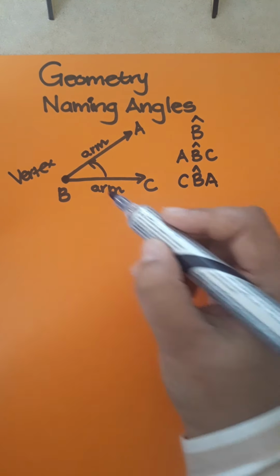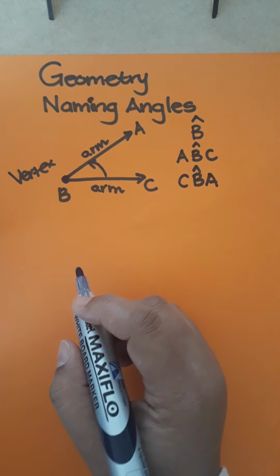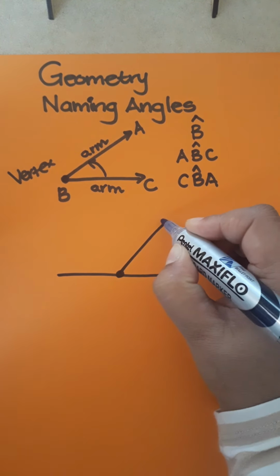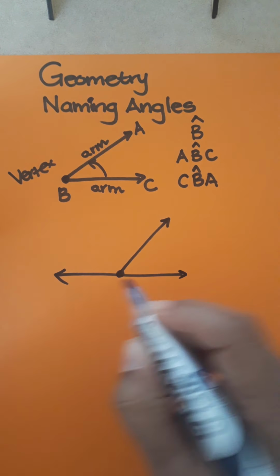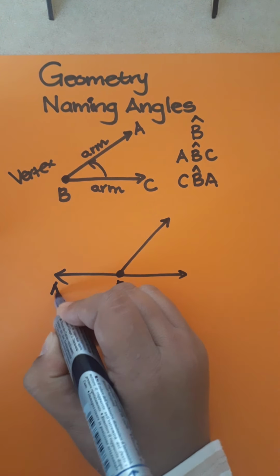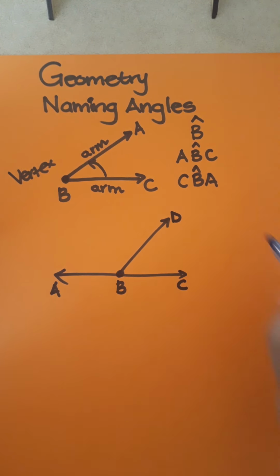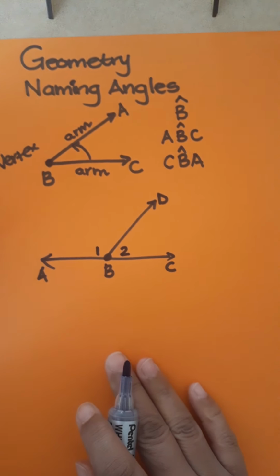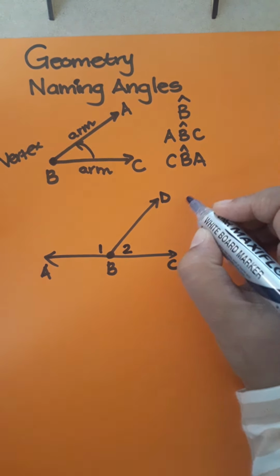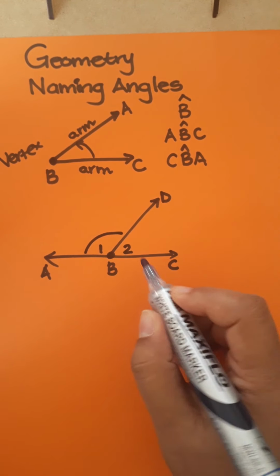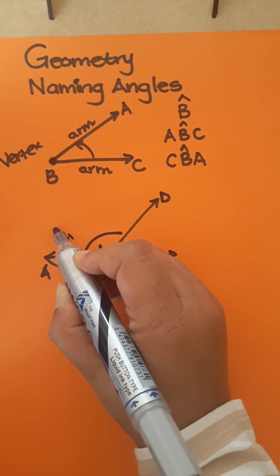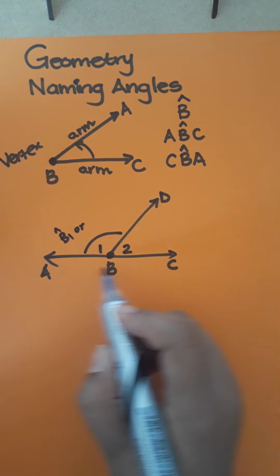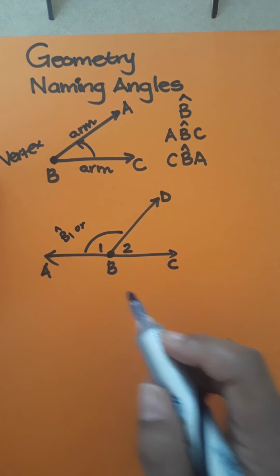Right, so we've covered the names when one angle is formed. What happens if I have quite a few? There's my vertex. I have three rays now. This is B, A, C, and D. This angle, I can label it as B1 and B2. So I could call this angle that I'm talking about angle B1, or, now let's look, I can't just call it B because there's two angles there.